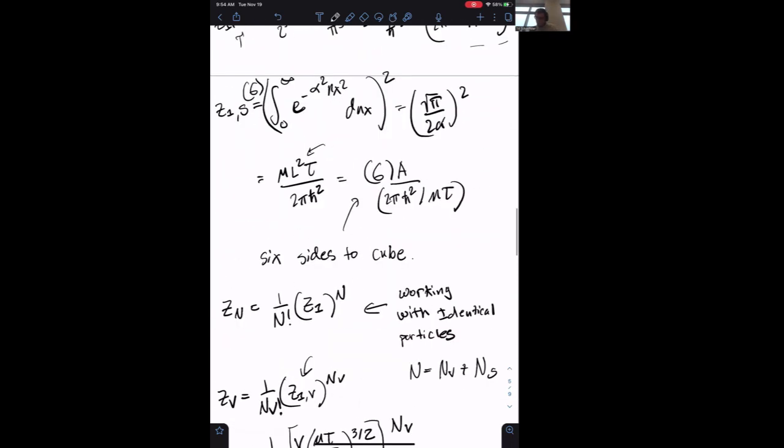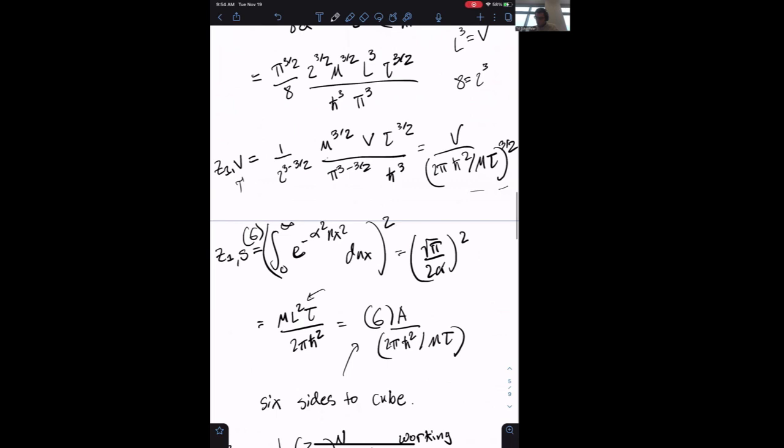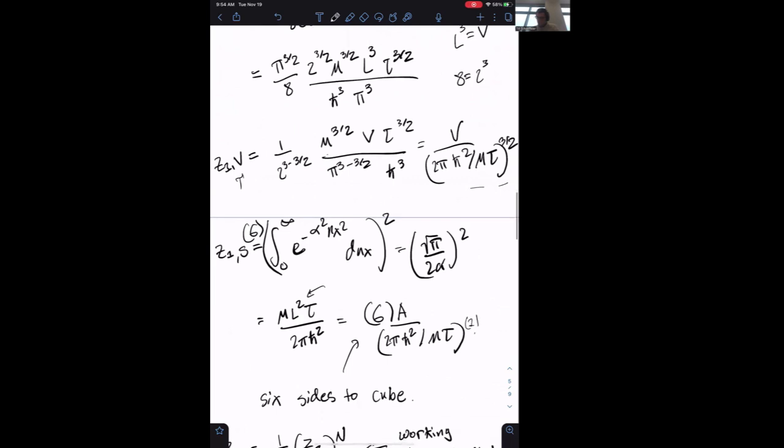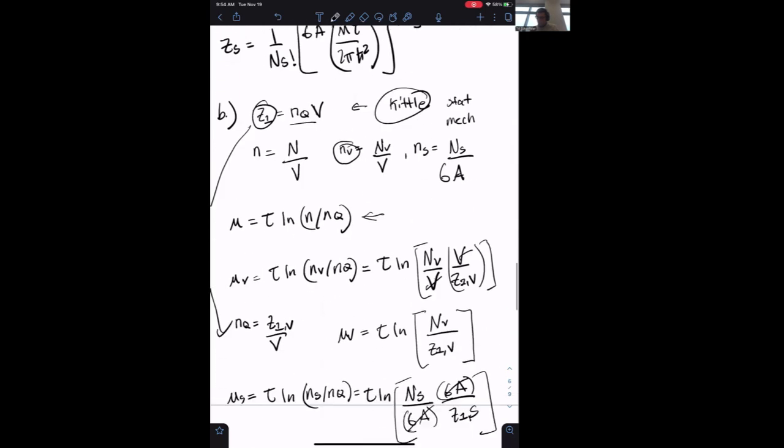Okay, so these are almost exactly the same. One has power 3/2, one just power 1, and this one has a factor of 6.